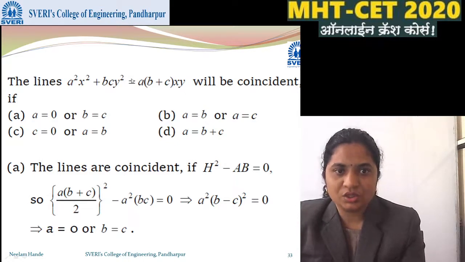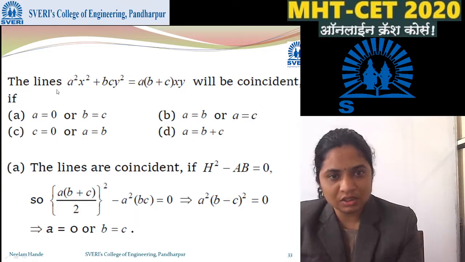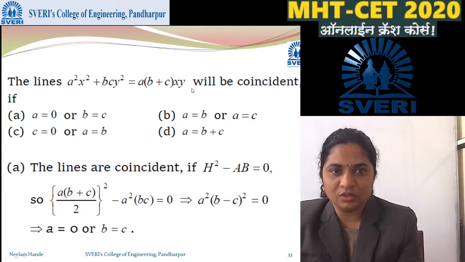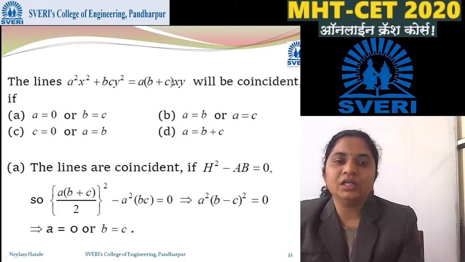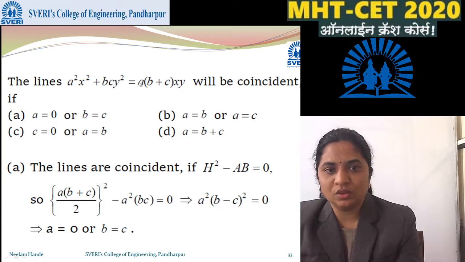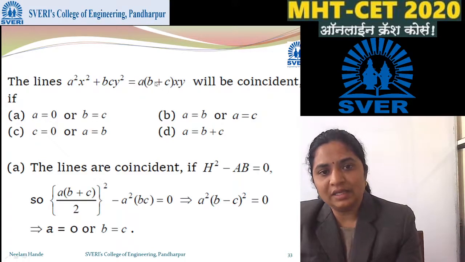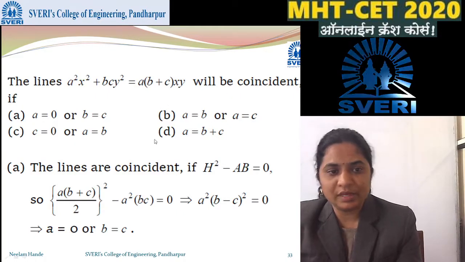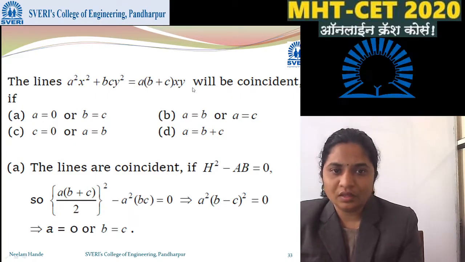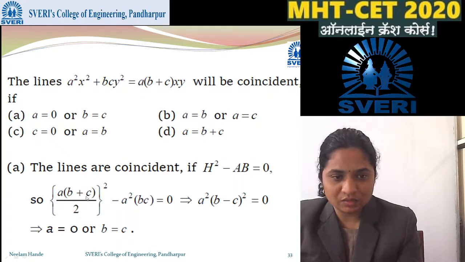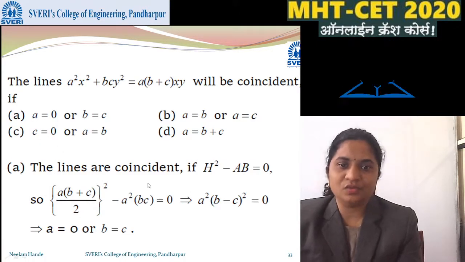So we try to find h here. If we first make it an equation, it will come to the left hand side, so equal to 0 will be there, and 2hxy is in the equation, so your h is minus a into b plus c by 2. So we have to write h square, so minus will be removed, and a into b plus c by 2 whole square is equal to ab.